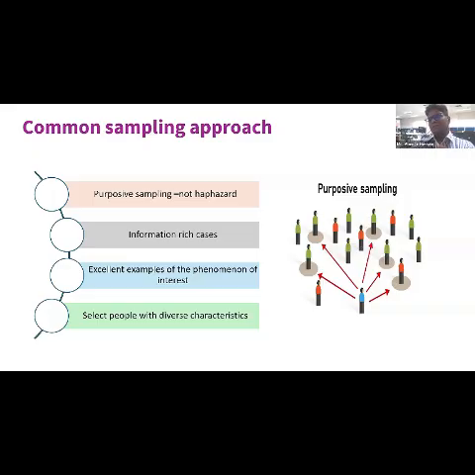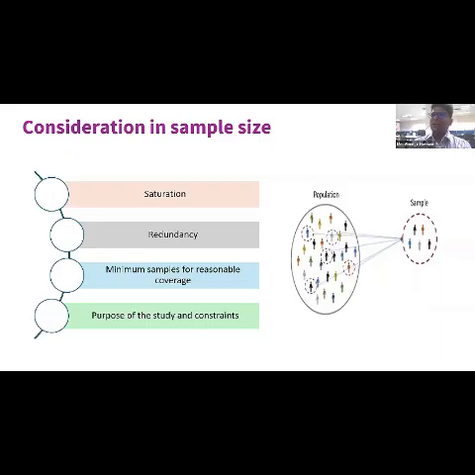There are other sampling procedures that can be used in qualitative research. Some are convenience, some are stratified, and so on. Now we consider sample size, in terms of data saturation and redundancy of the data.